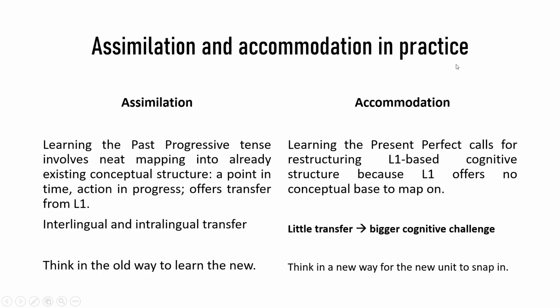On the other hand, accommodation will be likely necessary when you're learning the present perfect, because in the Slavic languages you don't have the present perfect or past perfect. So you have to restructure a certain area of your cognitive structure. This is going to be more challenging. You have to think in a new way for the new unit to snap into the right slot.